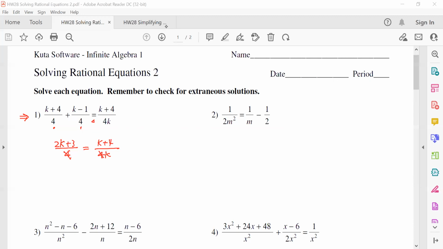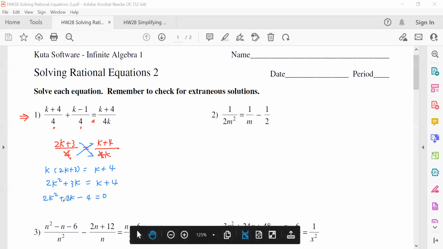Next step, we use the cross method. So you get k times 2k plus 3 equal to k plus 4. Now it's transferred into a general equation. You can get 2k squared plus 3k on the left, and the right part is k plus 4. Move everything to the left: 2k squared plus 2k minus 4 equals 0.